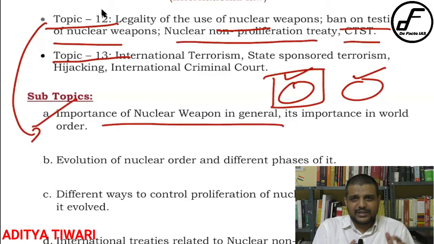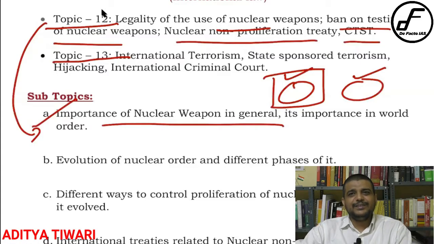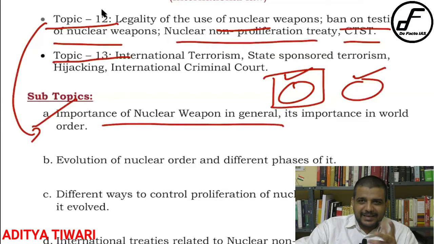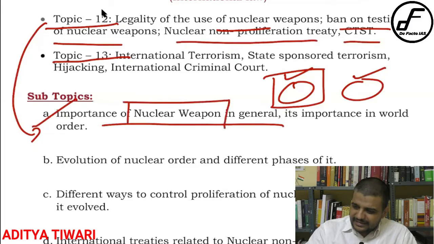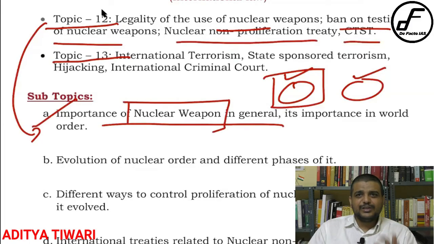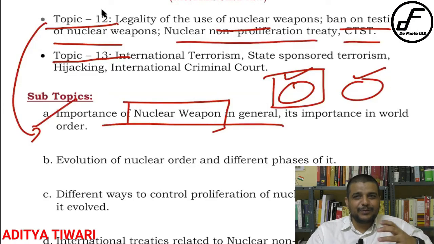Once one country starts to collect arms and ammunition and becomes stronger, the other country is fearful, and then the other country starts to create a balance of power. Now this game of power and balance of power ultimately can be vanished by the use of nuclear weapons. Once a country has a nuclear weapon, it can be very sure that it is now powerful. So that is a vanishing point of the concept of power and balance of power.